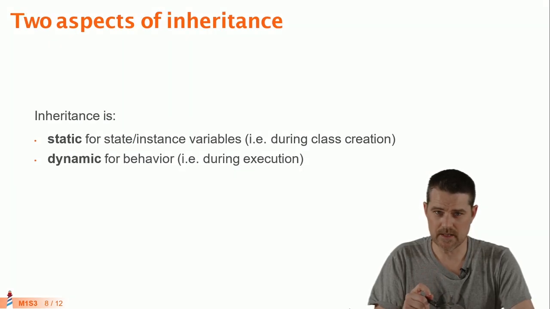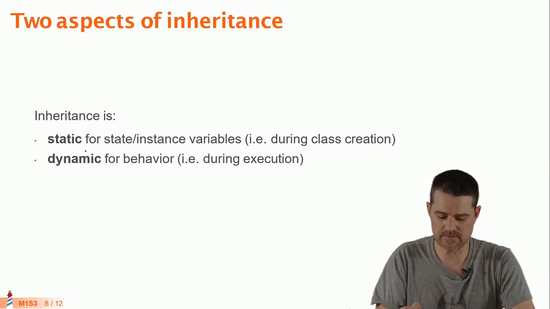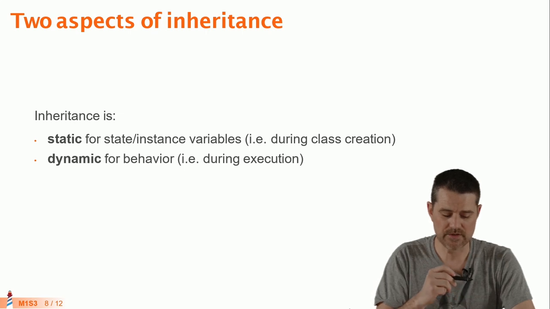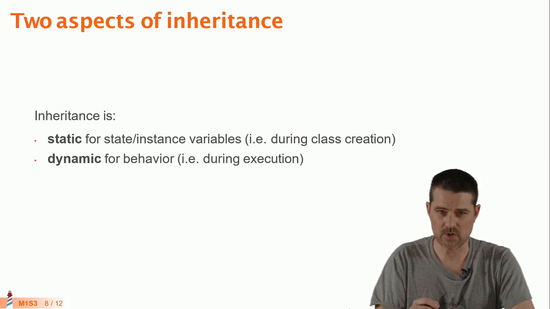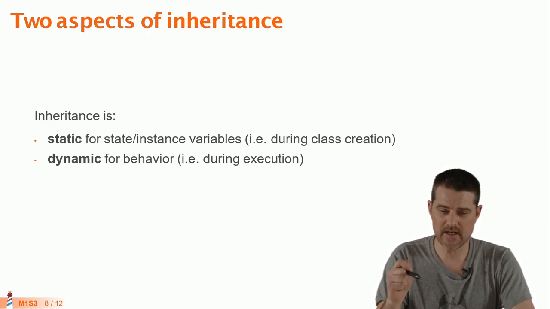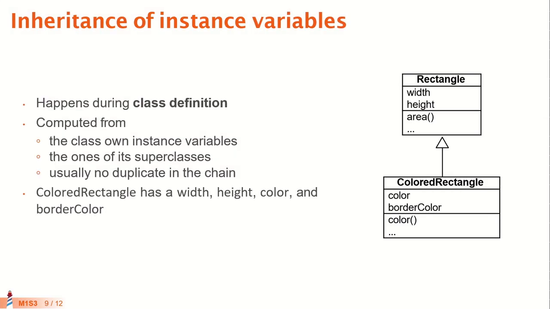If we look at inheritance, there are two aspects. The first one is the static aspect for instance variables. During the class creation, I can compute all the instance variables of a class. Then there is the dynamic aspect for behavior. During the execution, I can send messages to objects, and here the method to execute is selected dynamically. Let's have a closer look at these two aspects.